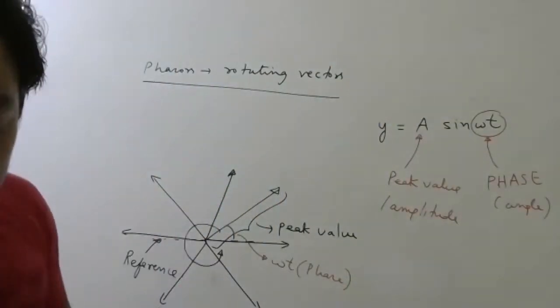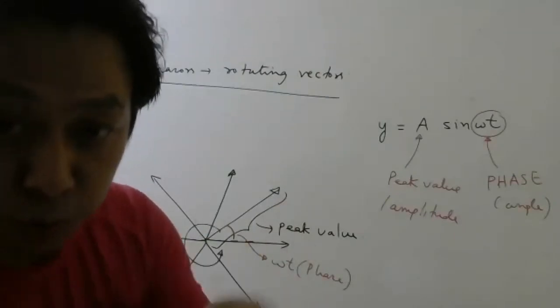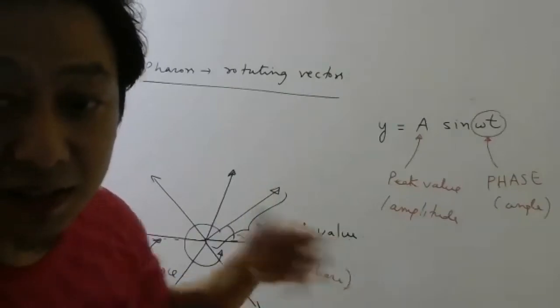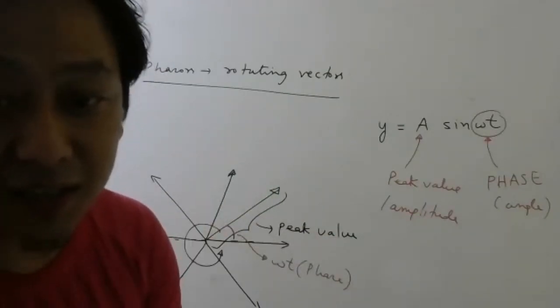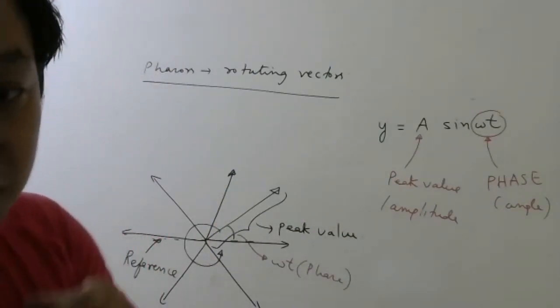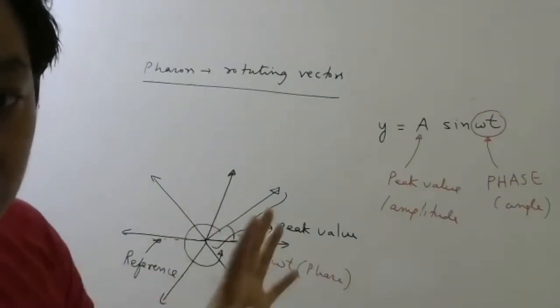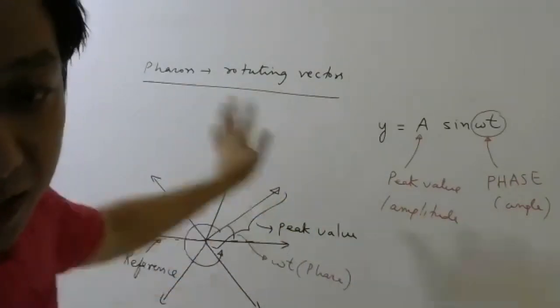They are very useful, students, very powerful, because when I want to add two alternating quantities, this method will be easier than using trigonometry algebra, because a lot of identities you have to remember, which I'm not very sure whether you will do or not. So we will do as done in NCERT. We will add alternating quantities later using this phasor technique. Please remember that.